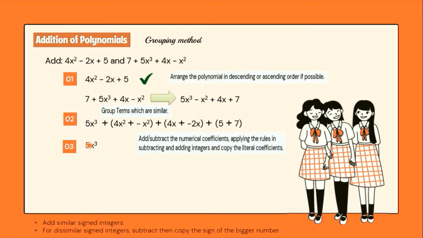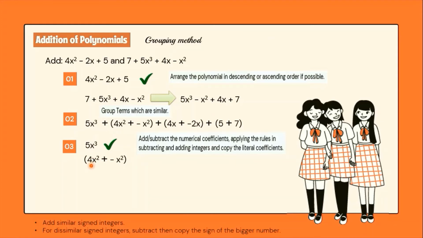Yung 5x cubed ay walang kasama, so just drop it down as is. Ito namang sumunod, 4x squared plus negative x squared, kailangan nating i-perform yung operation which is addition. And following the rules of integers for addition, for unlike signs, ito ay magkaiba, isang positive, isang negative, we need to subtract their absolute values and then copy the sign of the bigger number.